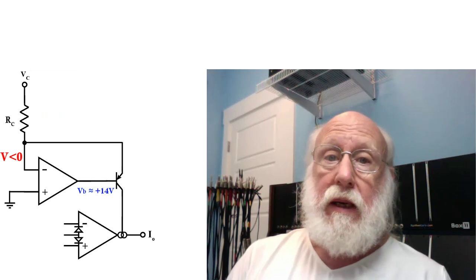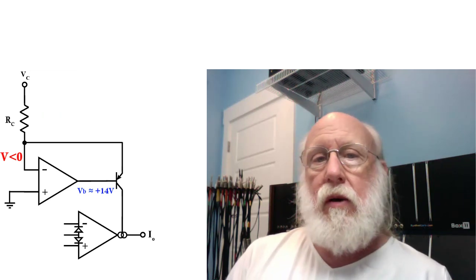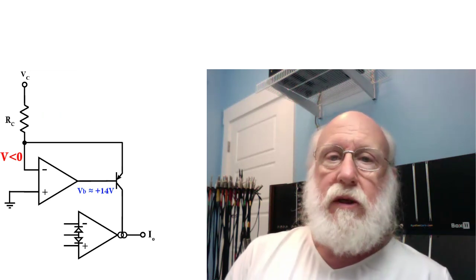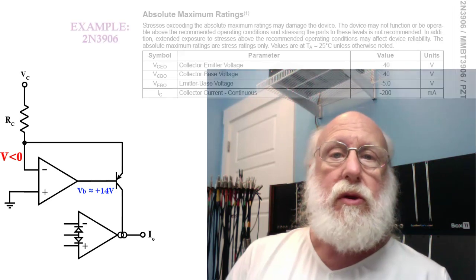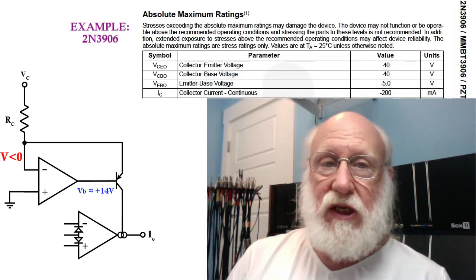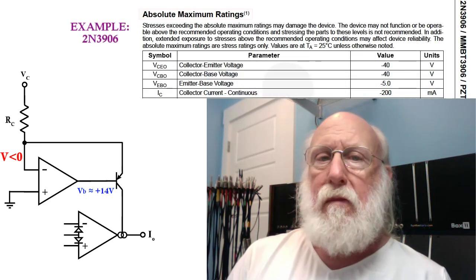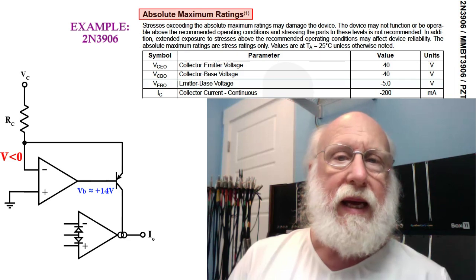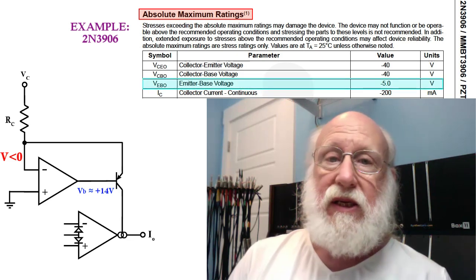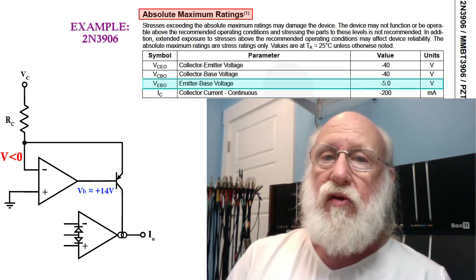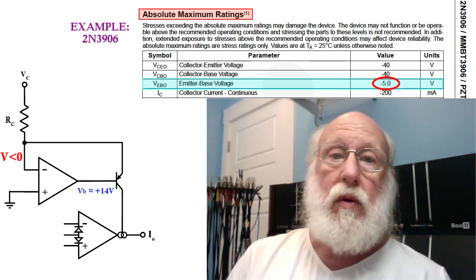This is immediately a problem, because if you look up the specifications for most small signal transistors, you will see that the maximum reverse bias across the emitter to base junction is usually about 5 or 6 volts.